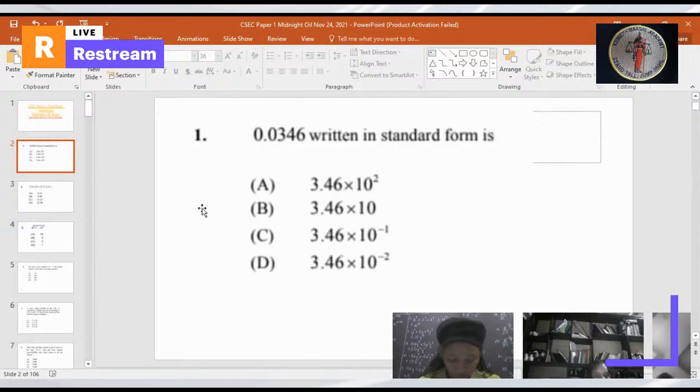So this 10 to the negative 2 power should be 0.01. So it's 0.0346. Miss, when you change, you'd move to the right to get the answer.